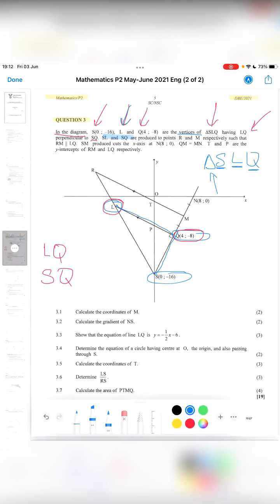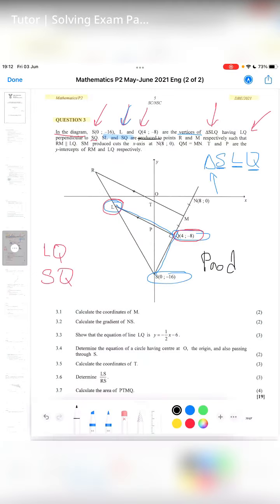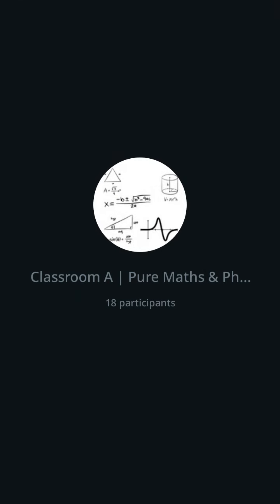You remember, guys, we did talk about the word produced. So, in other words, you can actually regard this word as a line being extended.